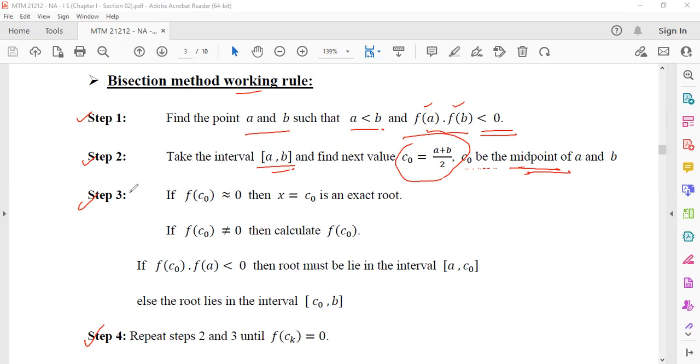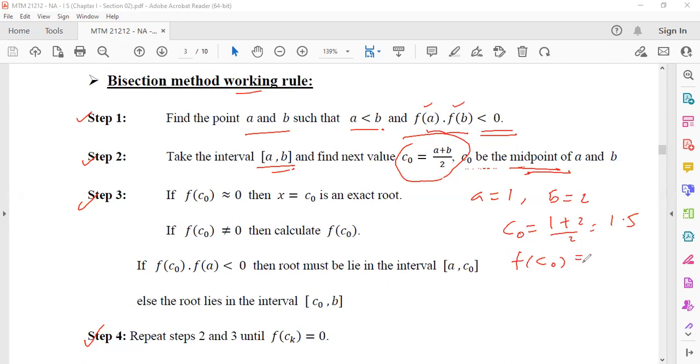Then step number 3 says, let's say my a is equal to 1 and b is equal to 2. What is my c? 1 plus 2 by 2, isn't it? 3 by 2, 1.5. So if I put that 1.5 in, let's say this is my c, because it goes c naught, c1 like that.